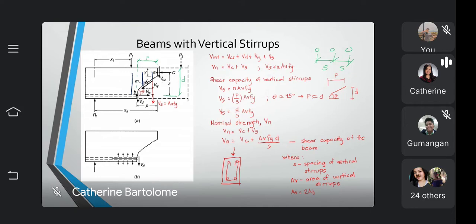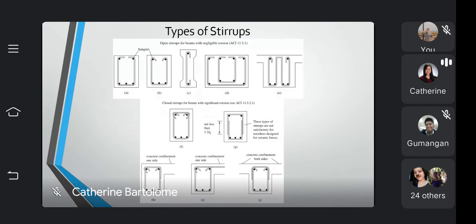Okay, so look at this. This is considered as the legs of the stirrups of the beam. So there are two legs resisting your load, so you have to multiply it by 2. But take note that it is not always 2. Why? Look at the types of stirrups. Here, how many resist? Two, right?